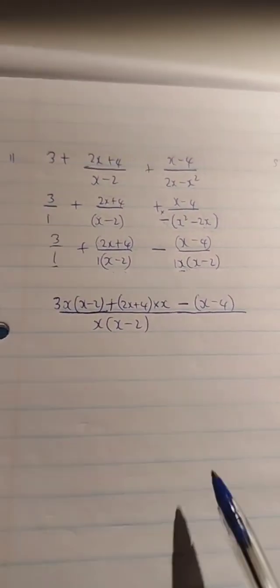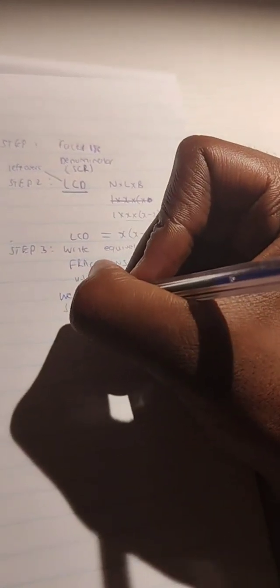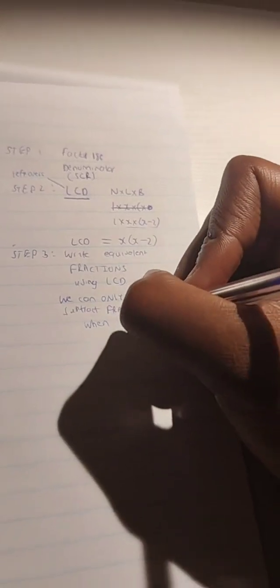These are equivalent fractions because the rule in fractions says we can only add and subtract fractions when the denominators are the same.